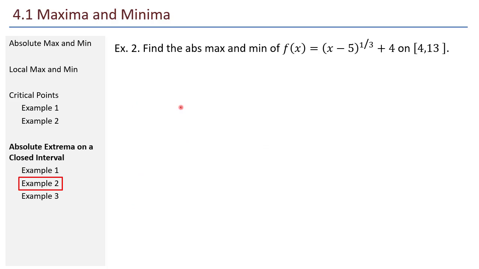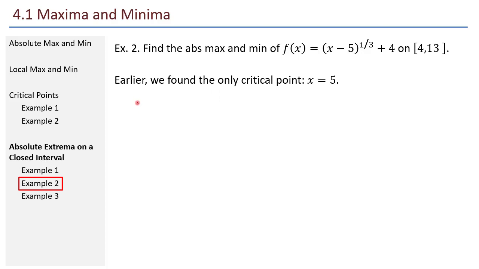Find the absolute max and min of the function f of x equals (x minus 5) to the 1/3 plus 4 on the closed interval from 4 to 13. Again, this was an example we looked at earlier for the critical points, and we found there was one critical point, x equals 5.